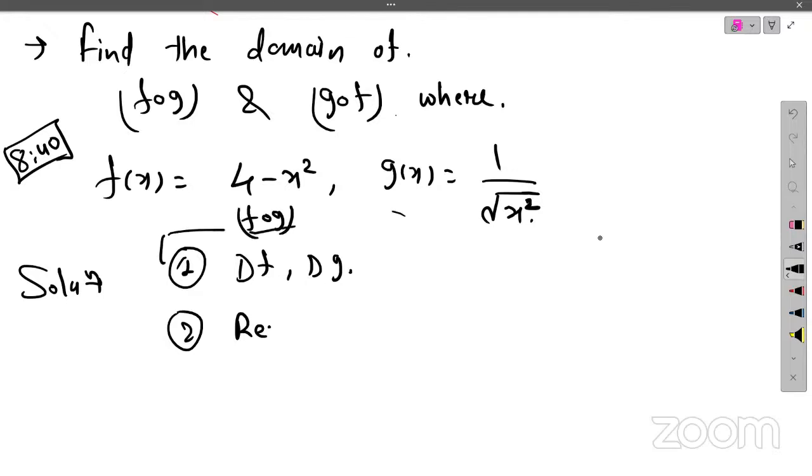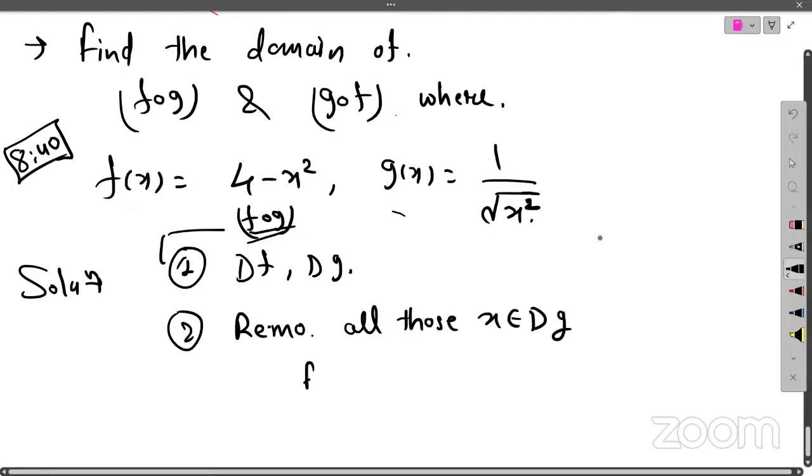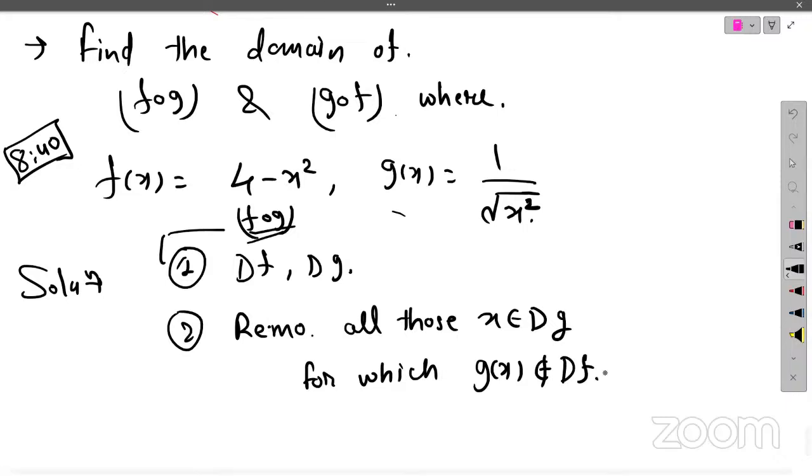For g composite f, you have to think in the symmetric manner. You have to remove all those x belonging to the domain of g for which g of x is not a part of the domain of f. Okay, ma'am. Thank you.